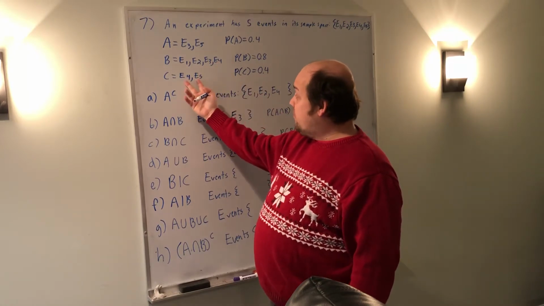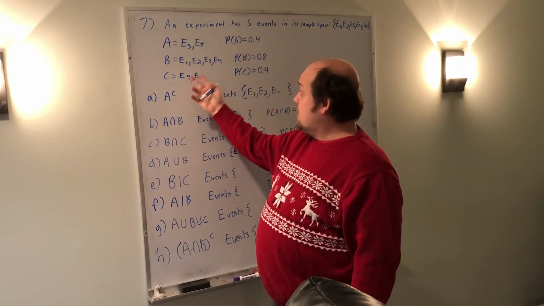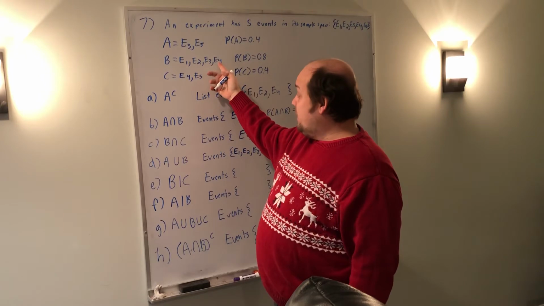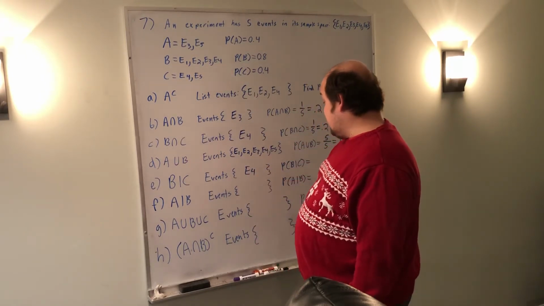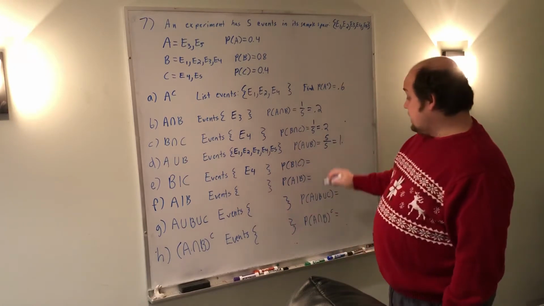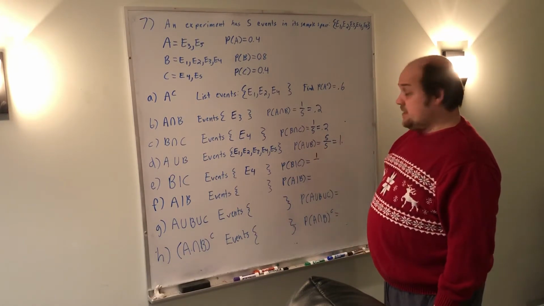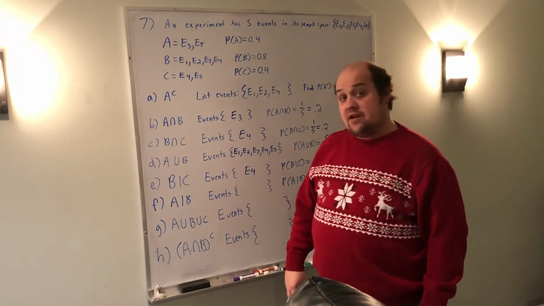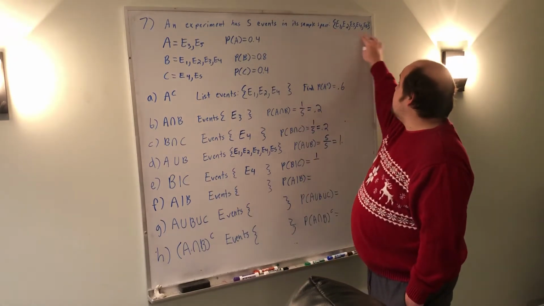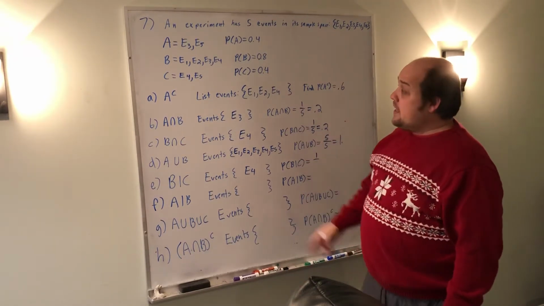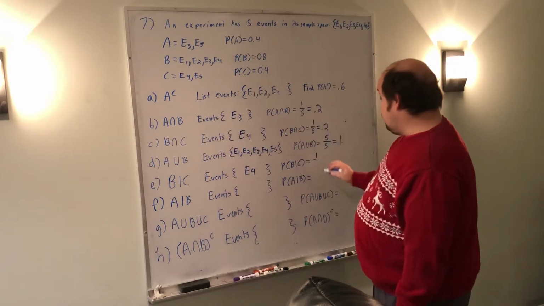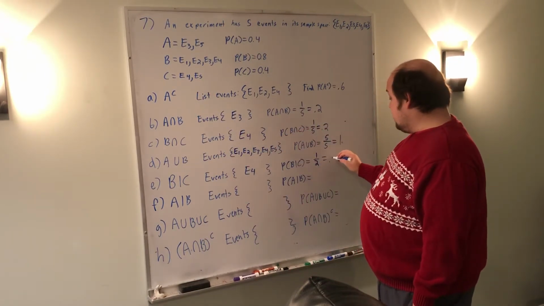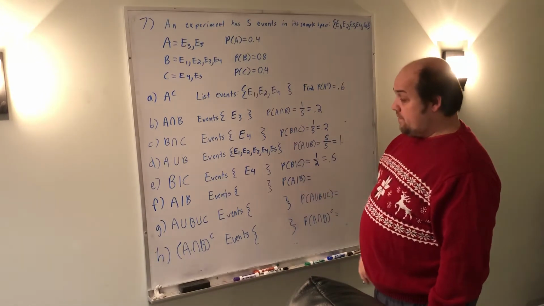If we know either event 4 or event 5 happened, B has only event 4 in it. So here, event 4 is the event that counts. In this case, it's only 1 event that counts, but we've changed our denominator. Instead of being out of the entire sample space, E1 through 5, it's only out of what's happening in C. So there's only 2 events that it would be out of. That's why this occurs with probability 0.5.